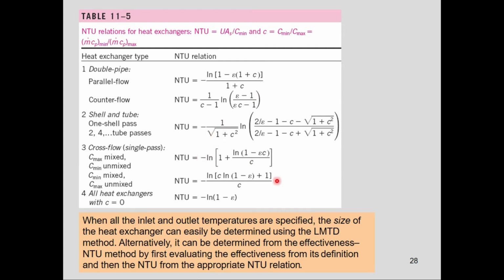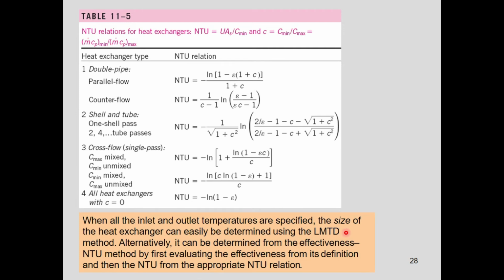Here is an important description that I will explain: when all the inlet and outlet temperatures are specified, the size of the heat exchanger can easily be determined using the LMTD method. This is the first method that I have already explained in the previous topic, where all the inlet and outlet temperatures and the mass flow rates are given.